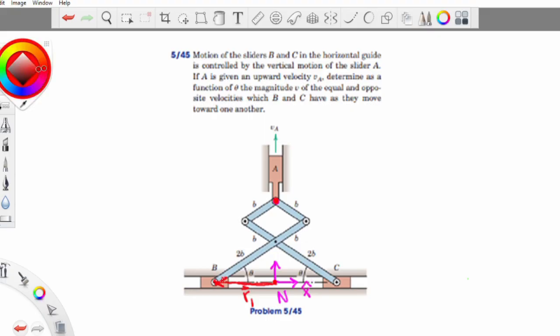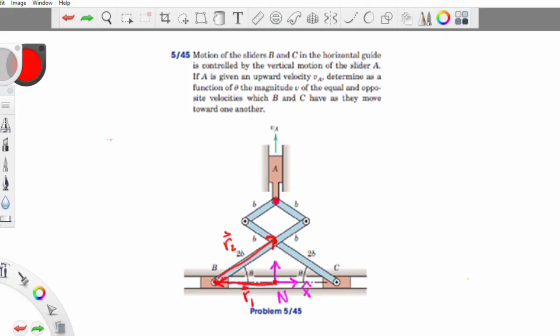Then we can create a vector from B to the intersection between the two bars, and you can see that that vector, which I will call R2, has a magnitude of 2b, and its direction is inclined at an angle theta with respect to the horizontal axis, or x hat.